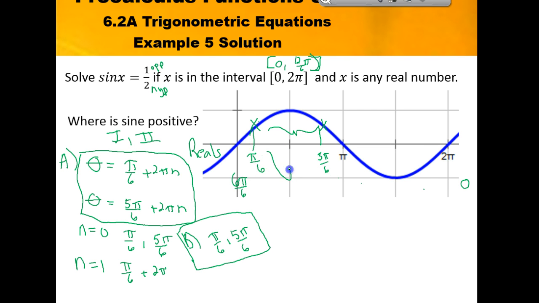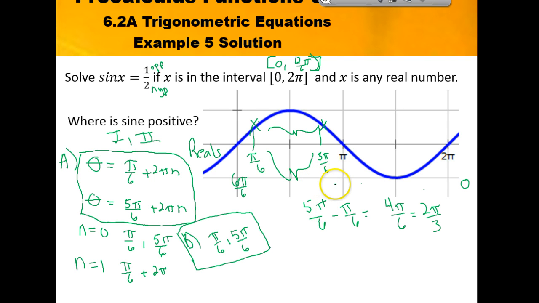So the distance between these would be 5 pi over 6 minus pi over 6, which is 4 pi over 6, which is 2 pi over 3. So that interval is not pi or 2 pi, so we can't just say plus pi n or plus 2 pi n.